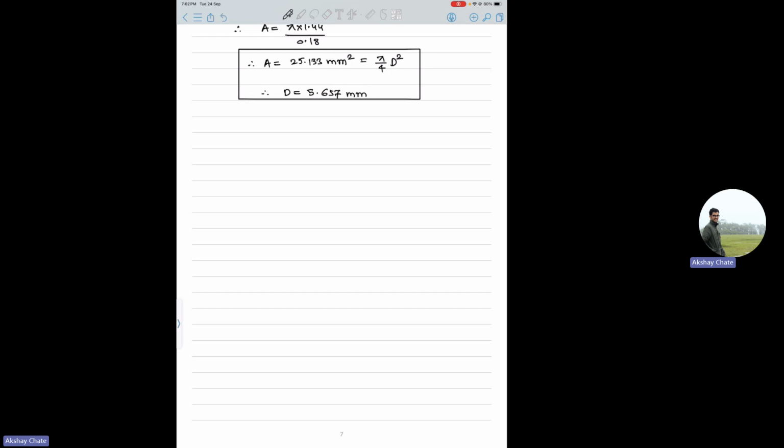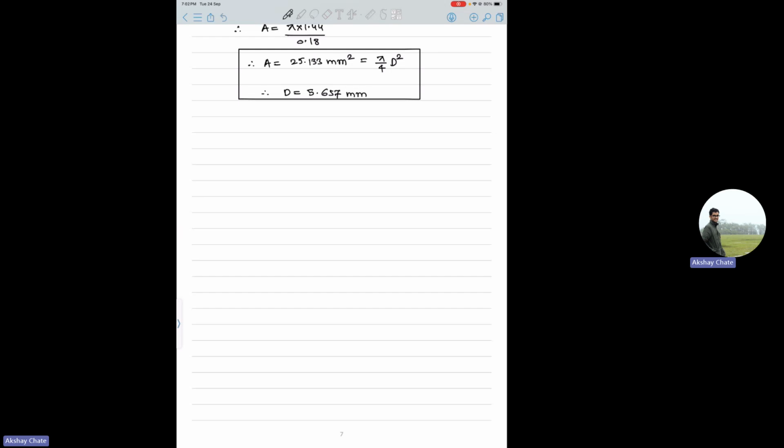For example, in some welding processes, you maintain an inert atmosphere around the welding area. In that case, there will be lesser losses to the ambient, and you will have higher efficiency of melting or welding. Okay. So those kinds of things are there.